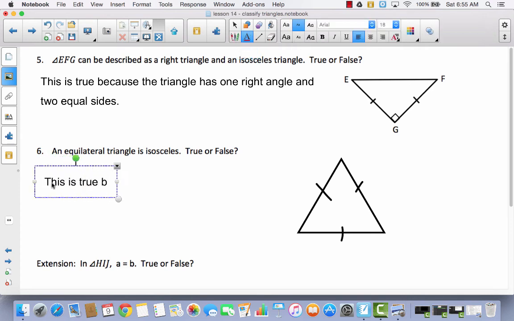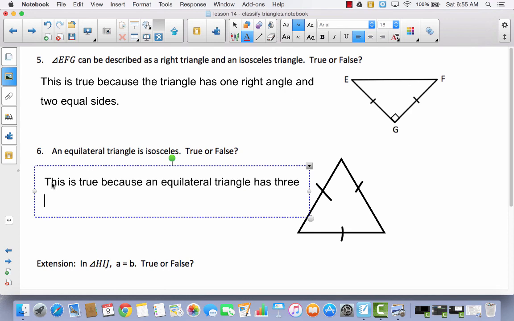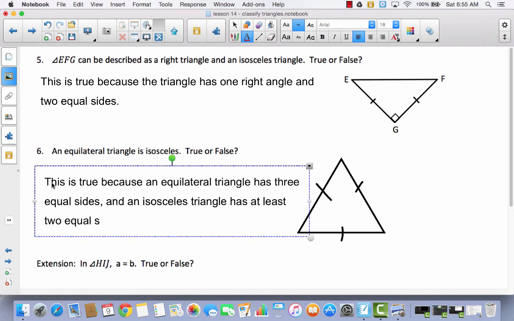This is true because an equilateral triangle has 3 equal sides, and an isosceles triangle has at least 2 equal sides. Okay? All right, last part.